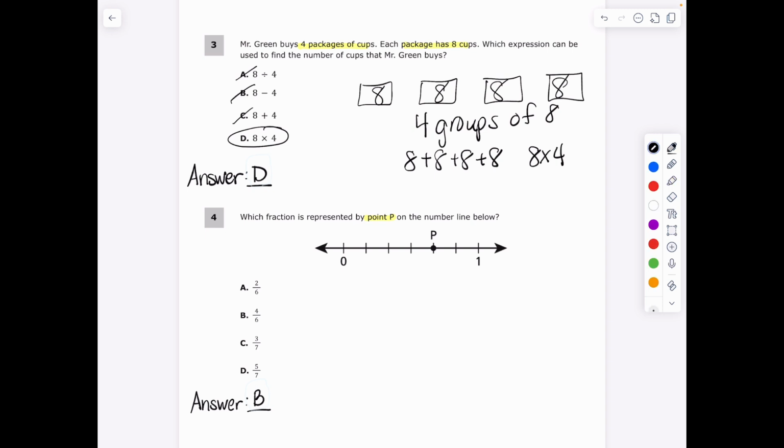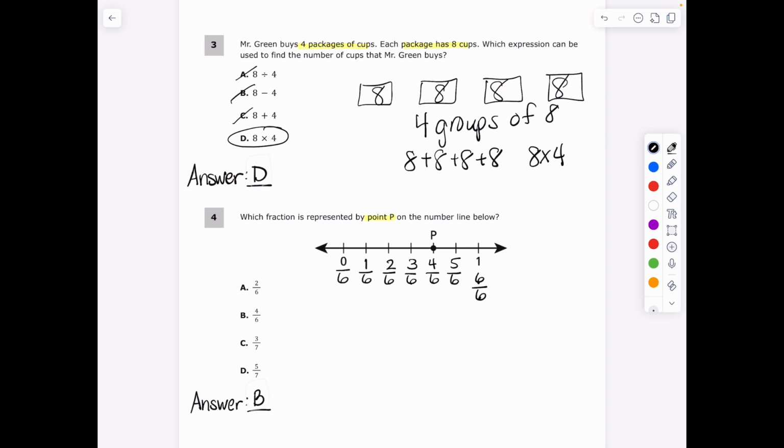So after 0, I have 1, 2, 3, 4, 5, 6. So there are 6 pieces here. So 6 out of 6, which is the same as 1. And I'm going to use that 6 as my denominator for all my pieces here. And now look what that does.